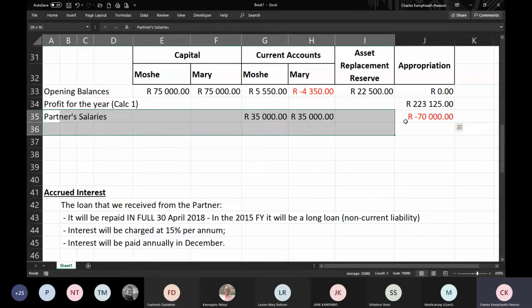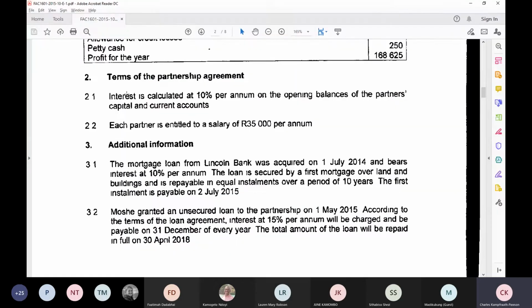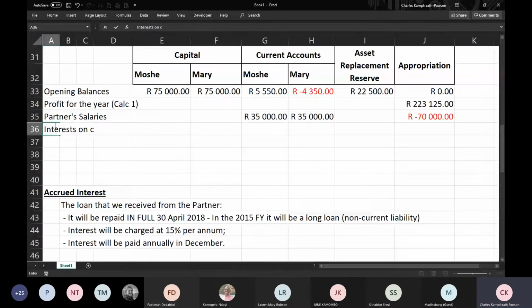So they are entitled to salaries, and they are entitled to interest that is calculated at 10% per annum on the opening balances of the partner's capital and current accounts. So there's two interests. Interest on capital and interest on current. So there's two of them.